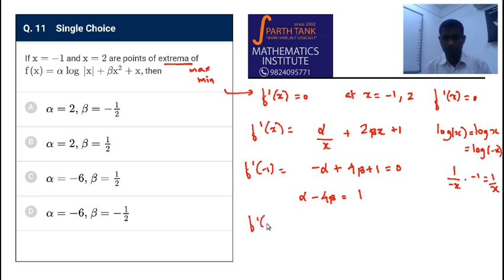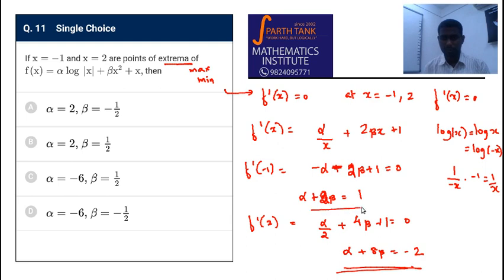Now f dash of 2 would give us alpha by 2 plus 4 beta plus 1 is 0. Therefore, alpha plus 8 beta should be equal to minus 2.